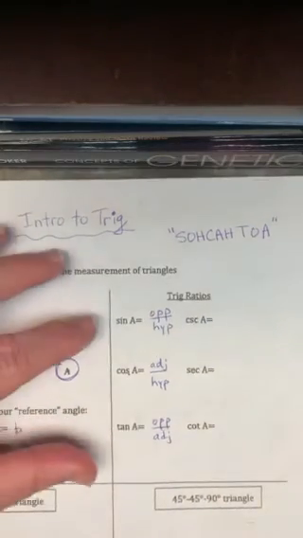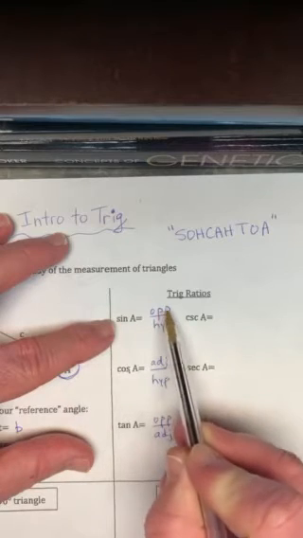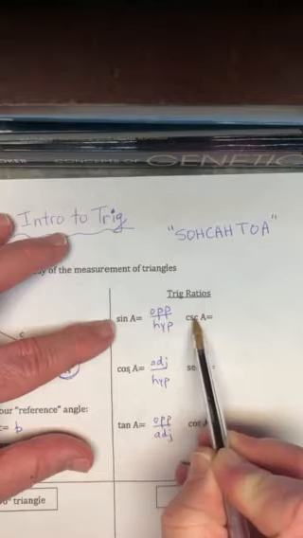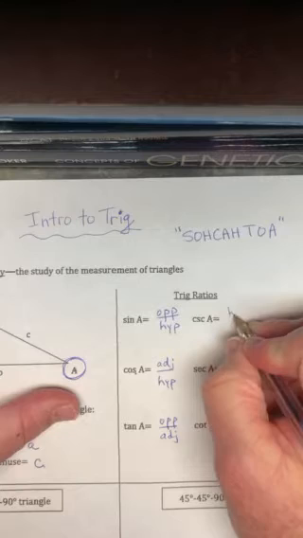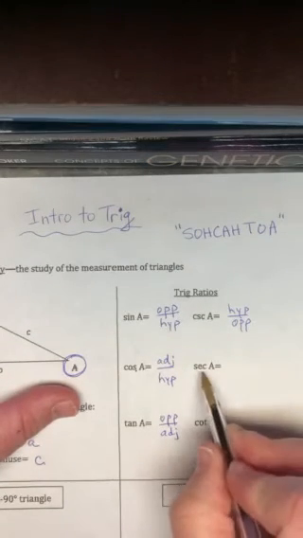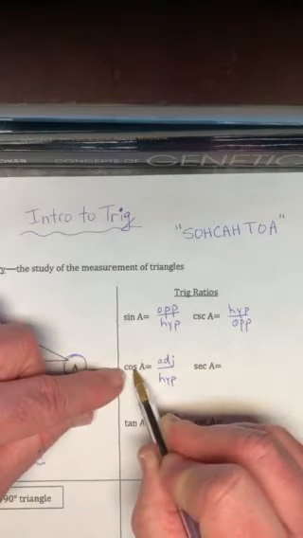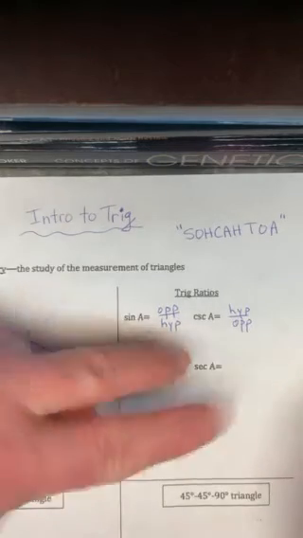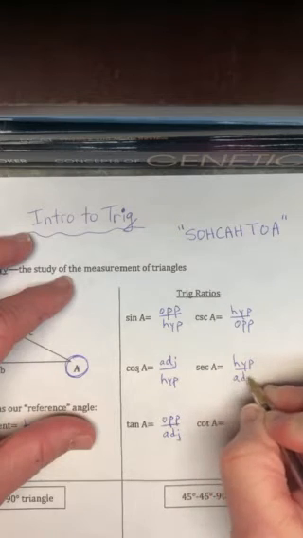So, if we've already established that sine is opposite over hypotenuse, cosecant, who's the reciprocal of sine, must be what? Flip it over. Hypotenuse over opposite. Since secant is the reciprocal of cosine, if cosine is adjacent over hypotenuse, when I flip that over, I get hypotenuse over adjacent.